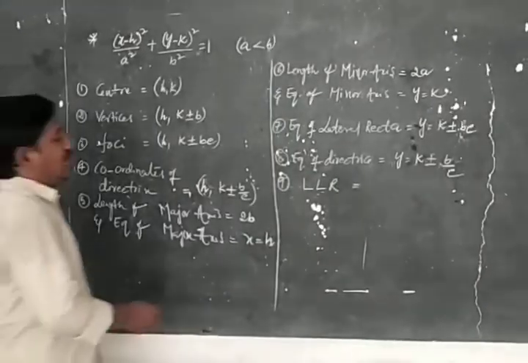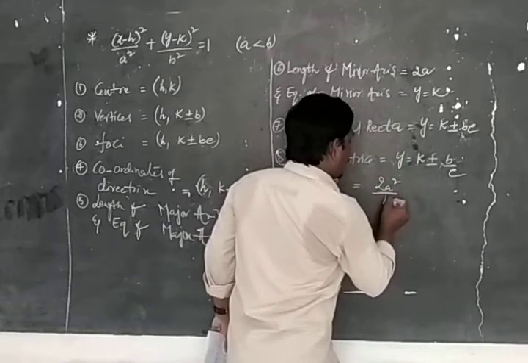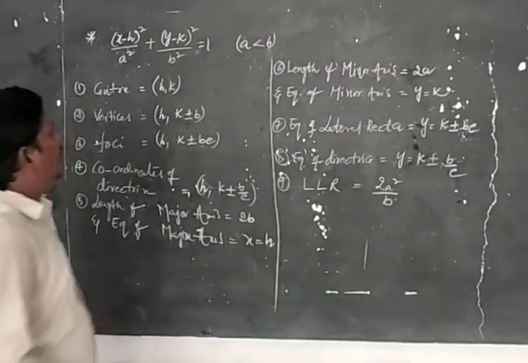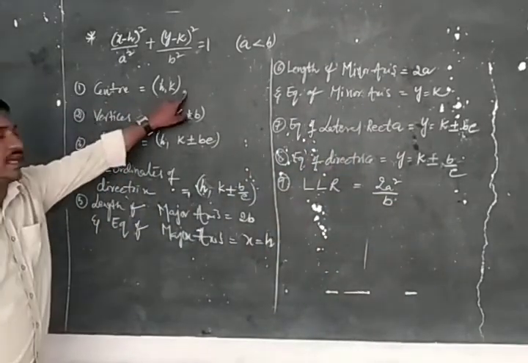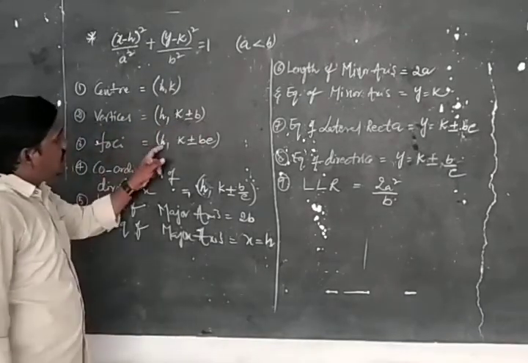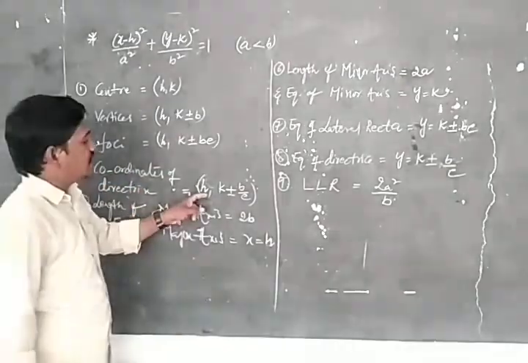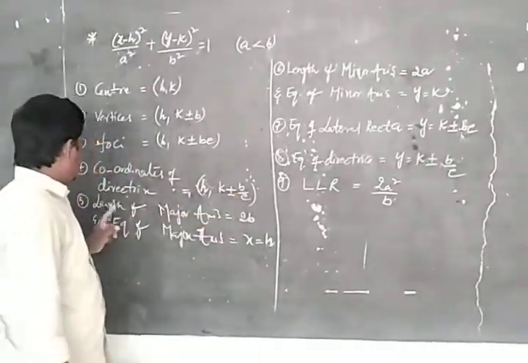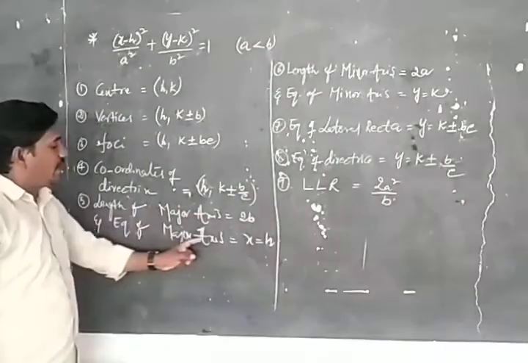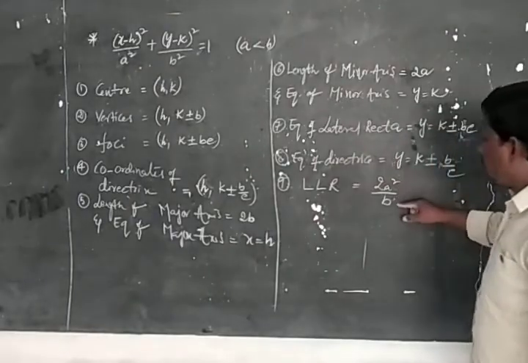Okay, LLR means 2a square by b. Center h comma k, vertices h comma k plus or minus b, foci h comma k plus or minus b, coordinates of the directrix h comma k plus or minus b, length of major axis, equation of minor axis x equal to h. LLR equal to 2a square by b.